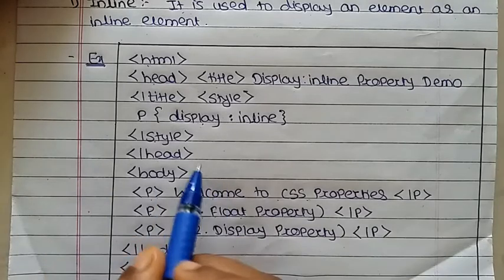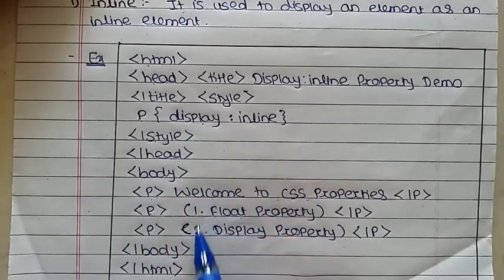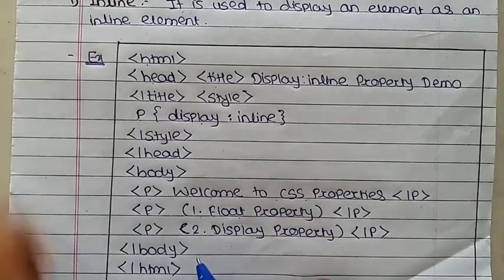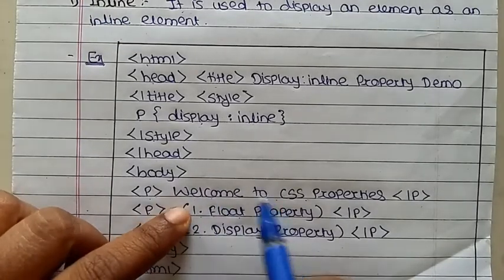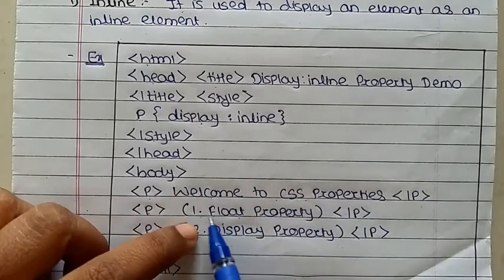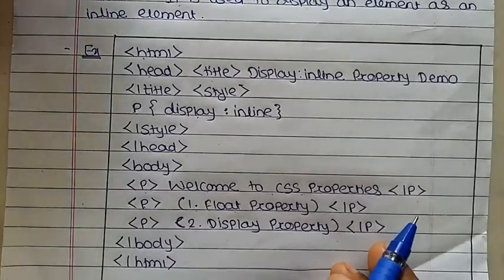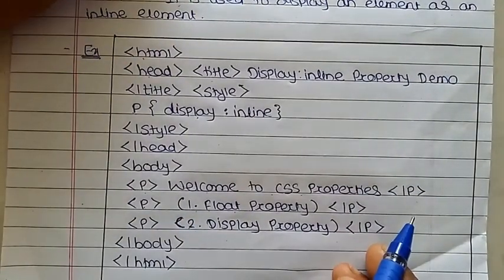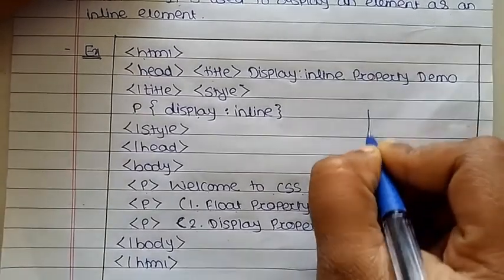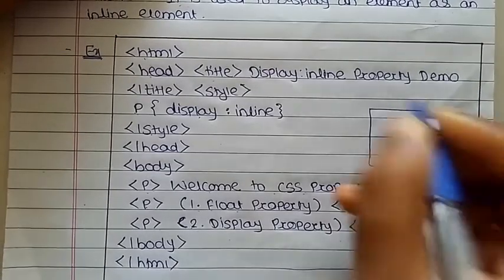So with the help of display inline, how is this text displayed? Normally, the text is displayed like this: in the first line, welcome to CSS properties, in the next line, 1. float property, and in the third line, 2. display property.